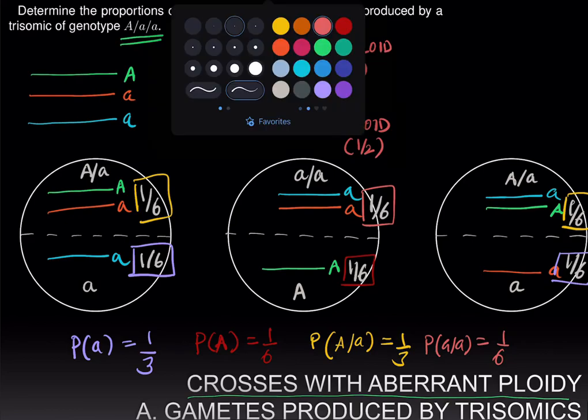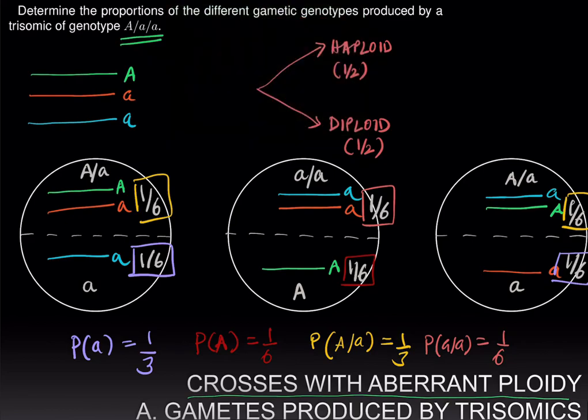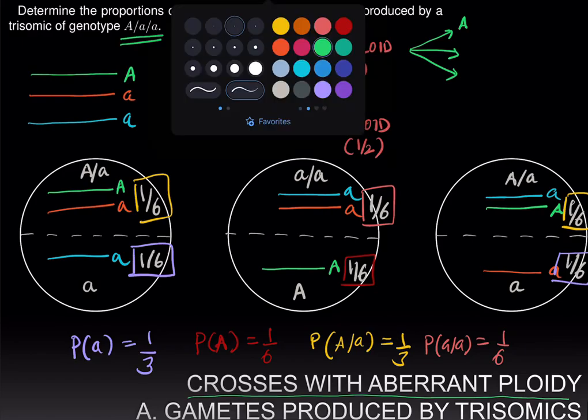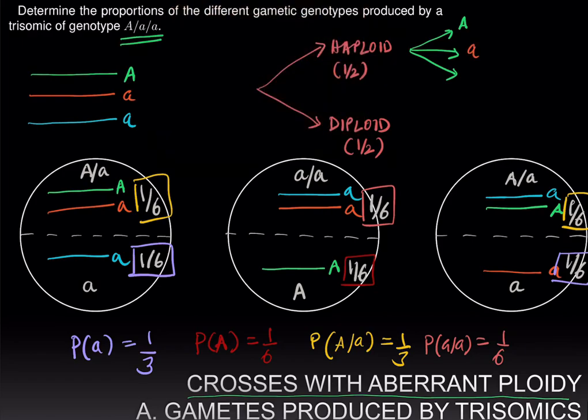Then haploid gametes could be big A, or they could be the orange little a or the blue little a. All of these occur with a 1/3 probability, since they're equally likely to segregate alone.